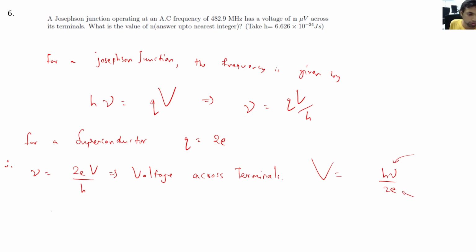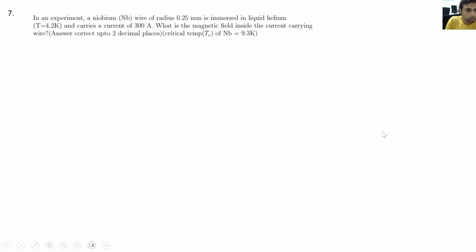So we just have to put all the values. h is 6.626 times 10 to the power minus 34, nu is 482.9 times 10 to the power 6, and e is 1.625 times 10 to the power minus 19, which will give you, if you solve for this, something around 1.